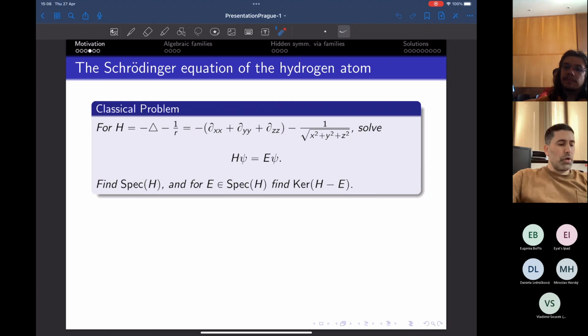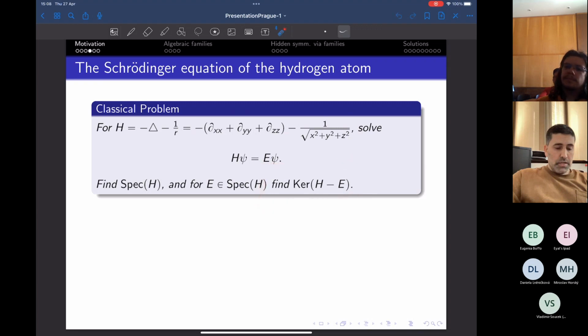So the collection of all such energies, all such complex numbers, this is the spectrum, and the solution spaces, namely the kernel of this operator, H minus the scalar E, these are the solutions.